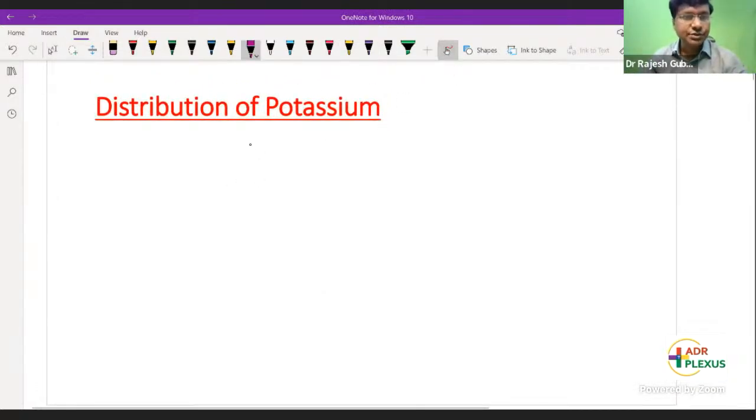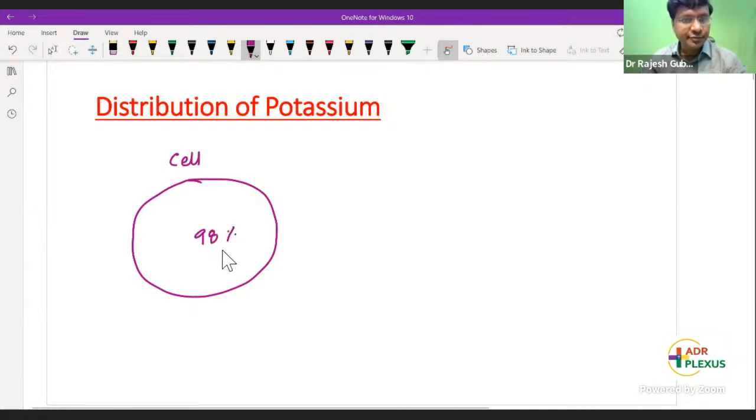If you see the distribution of potassium, consider this is the cell. Almost 98% of potassium is present inside the cell, whereas only 2% of potassium is present outside the cell, that is extracellular.